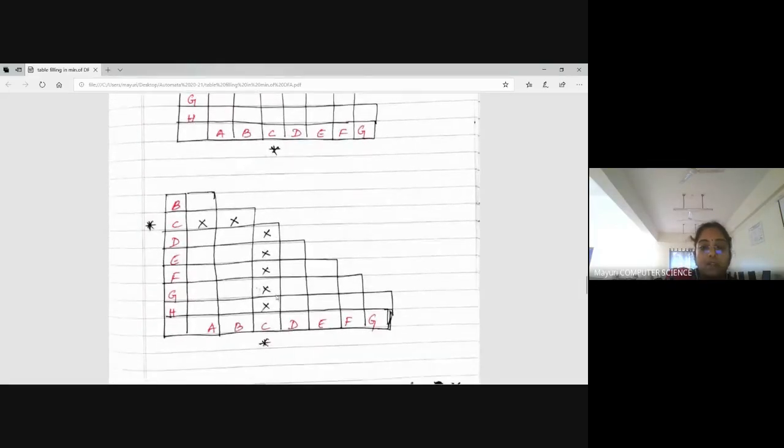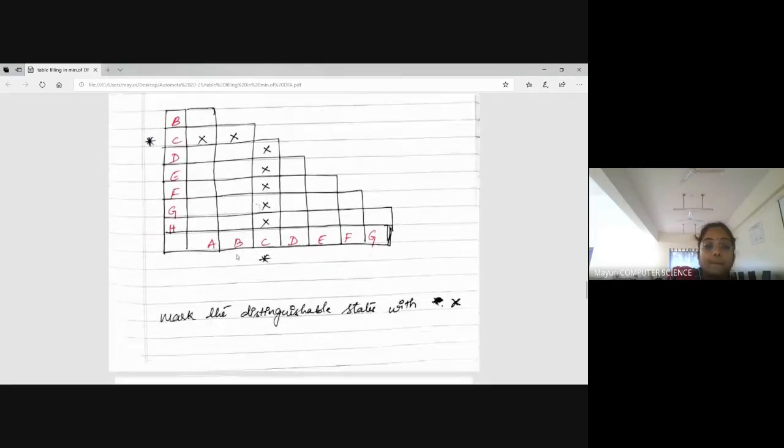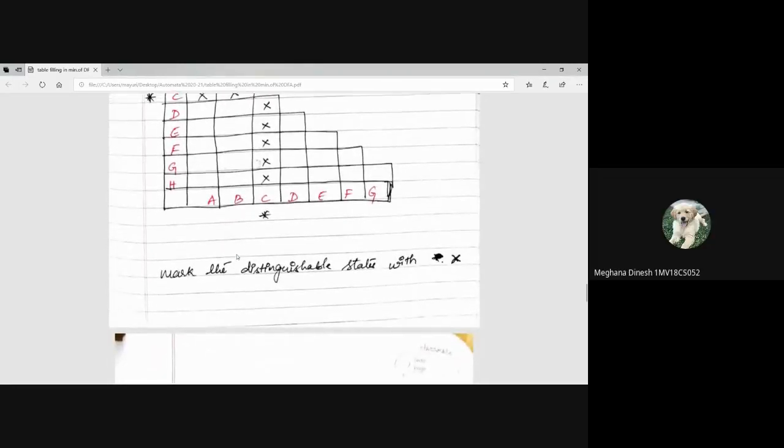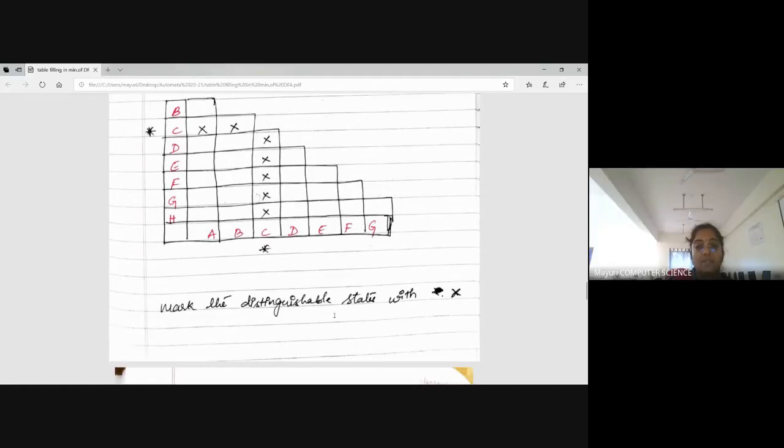So have you understood how this representation has occurred? Mark the distinguishable states with cross. Okay, I have done. Now I have to take the pair of indistinguishable states so that I can try to minimize them. What all are indistinguishable here with an empty cell?